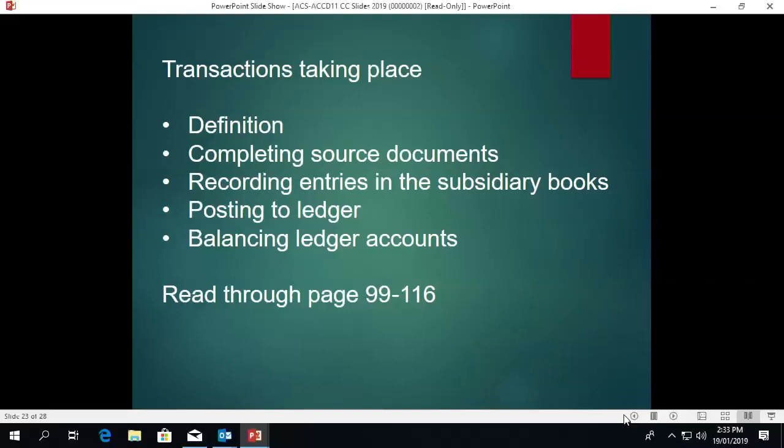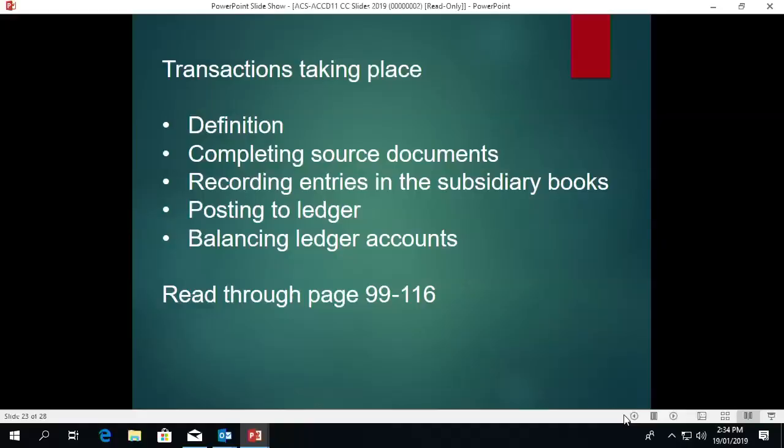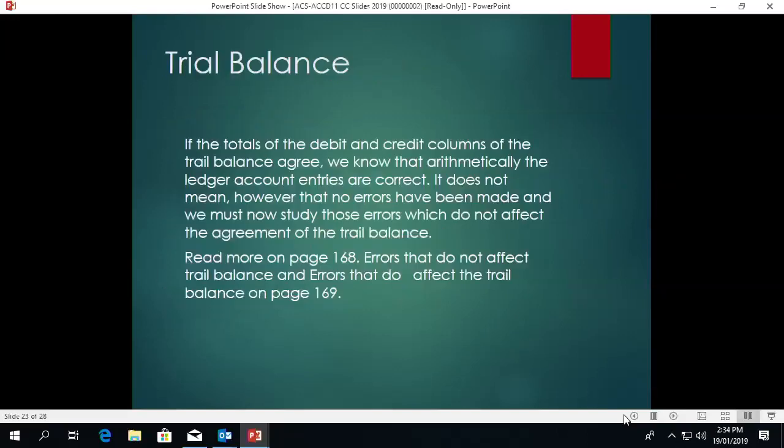So if you don't know which transaction goes where, it will be very difficult for you. And then, as I said, when we are posting even to the debtors ledger, it's very important that you balance your books. If it's more than one transaction in a book, you balance it off. Read through page 99 to page 116.